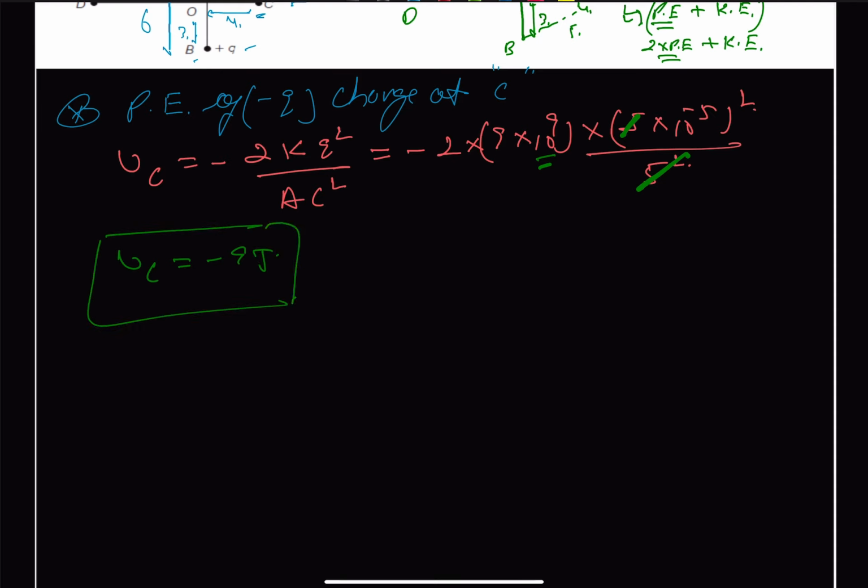And we are given that the kinetic energy at point C is 4 joules.